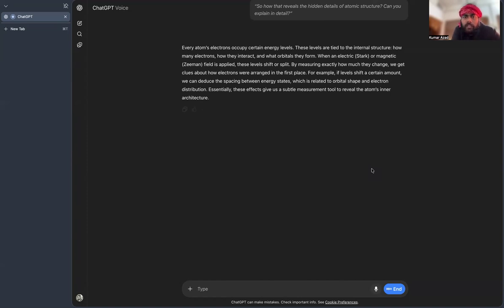Okay, you are suggesting that every atom's electrons occupy certain energy levels, and these energy levels are tied to the internal structure: how many electrons, how they interact, and what orbitals they form. When a Stark or magnetic Zeeman field is applied, these levels shift or split. By measuring how much they change, we get clues about how electrons were arranged in the first place.